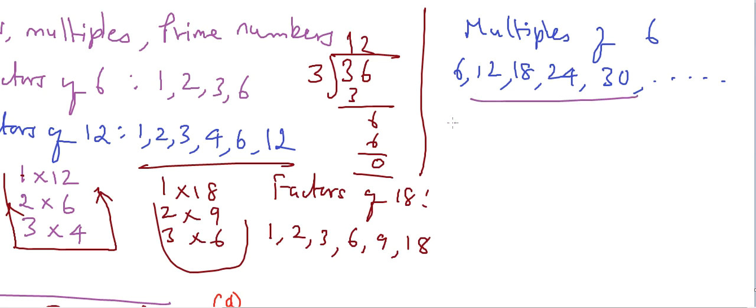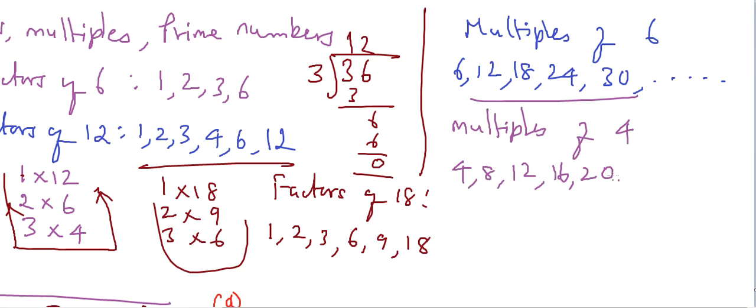Similarly, multiples of 4 are 4, 8, 12, 16, 20, 24 and so on.